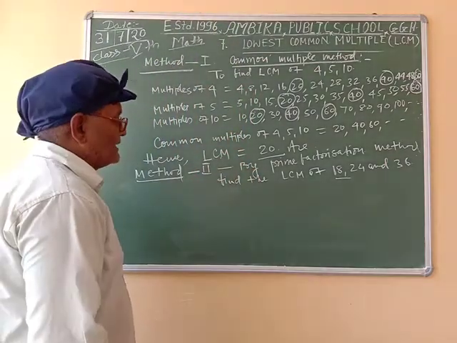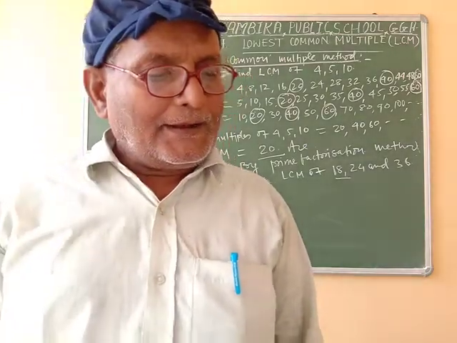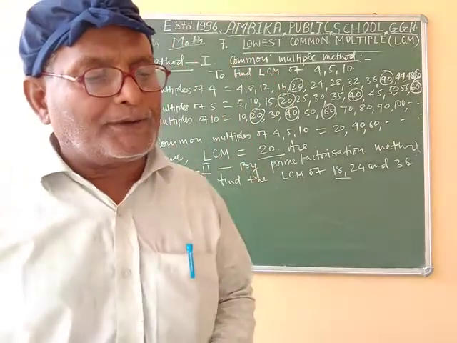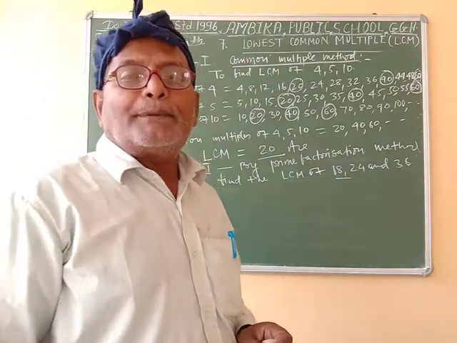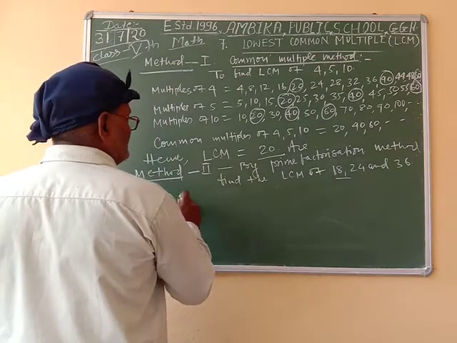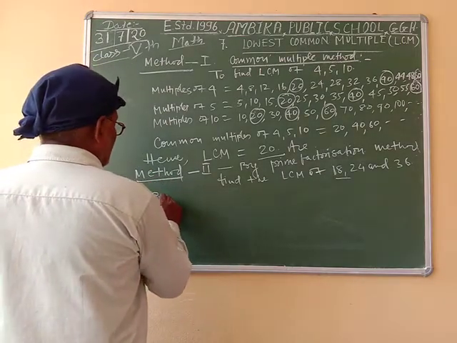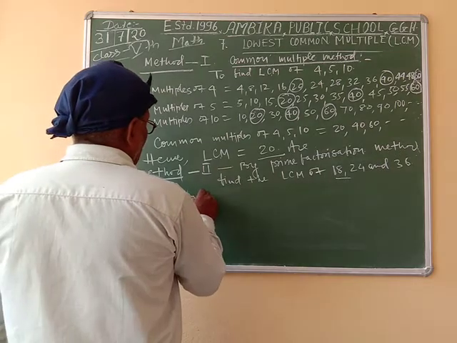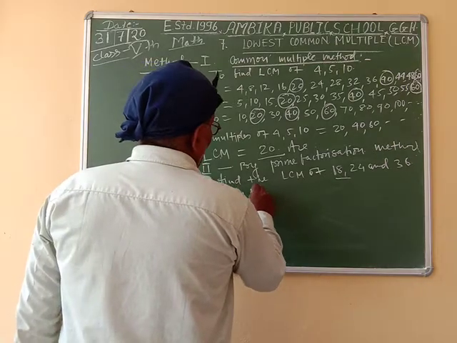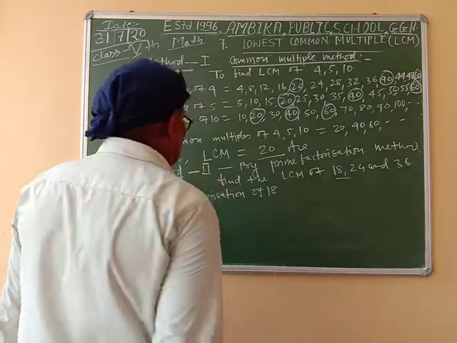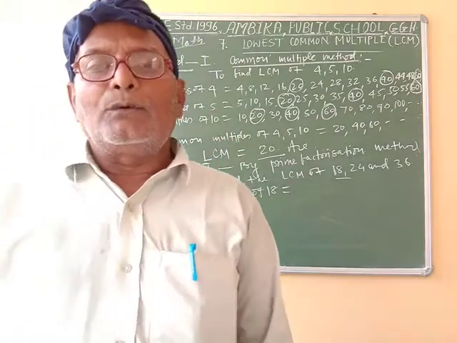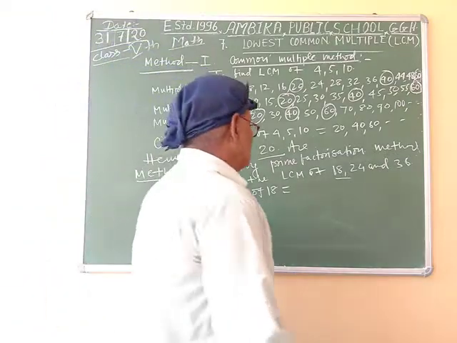Step 1, write the prime factorization as a product of prime factors. The prime factorization of 18 will be 2 into 3 into 3.